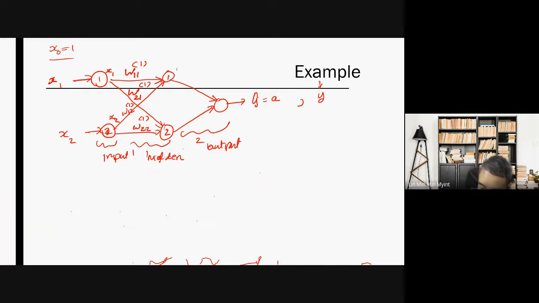Let's say A1. This is, let's say, 2. So its output or input is 1, let's say 2, 2. So this is being the input for layer 2.